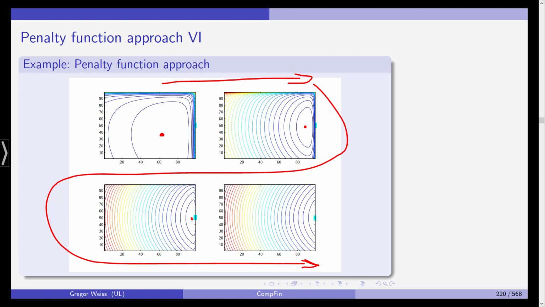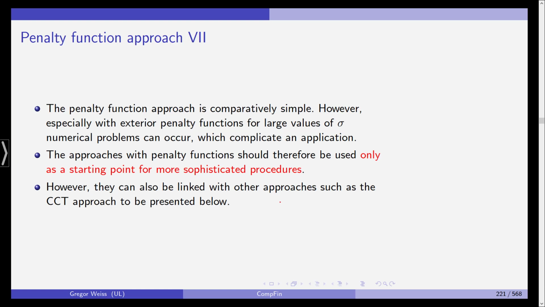And the third step will probably be here, and in the last step, we'll probably be here. So as you can see, we're moving in the direction of the optimal, but from within the admissible space. Okay, so in every iteration, we are tightening the penalty function. So it's very, very simple.